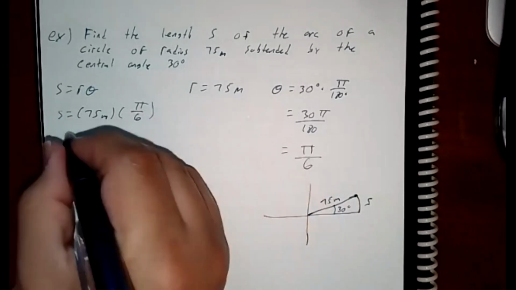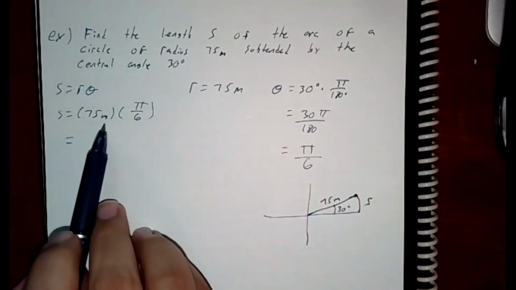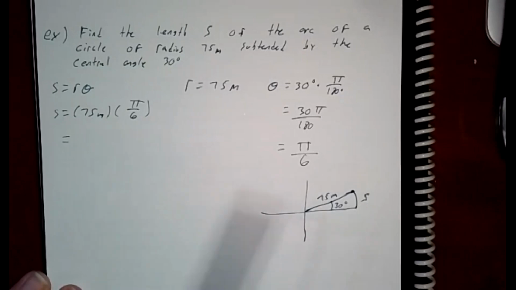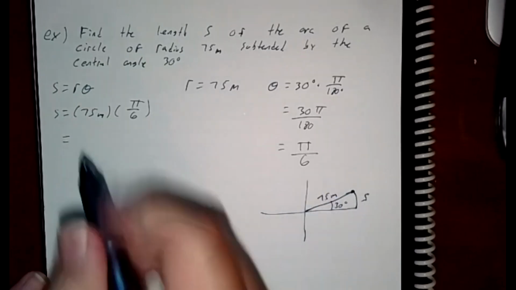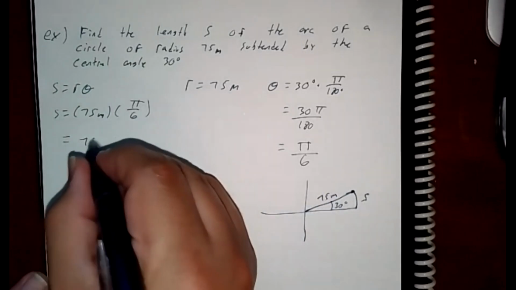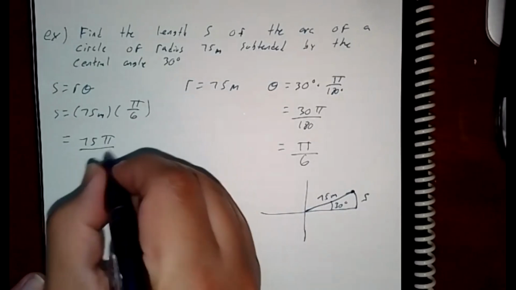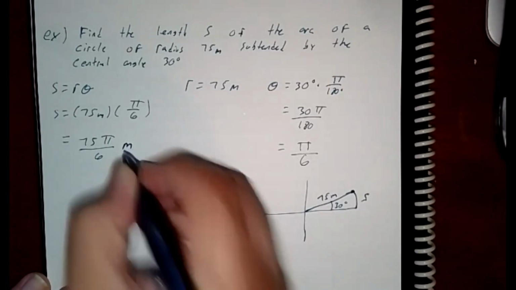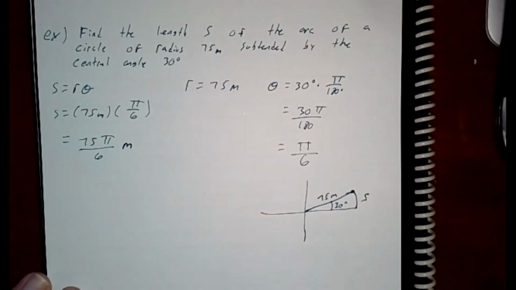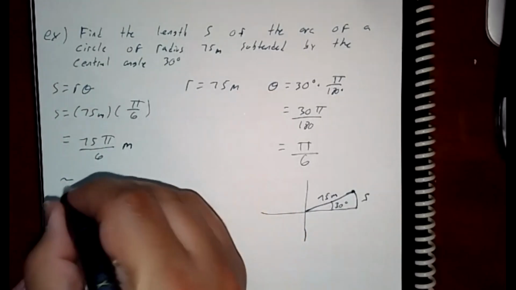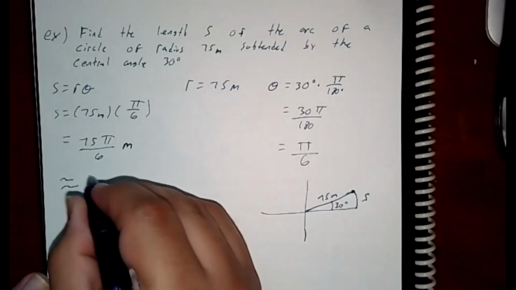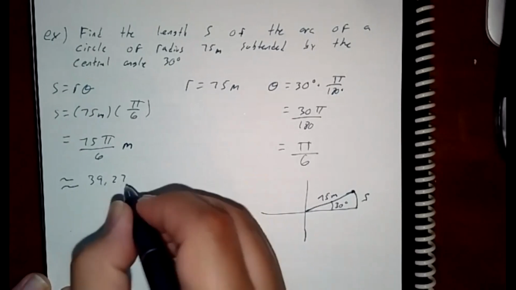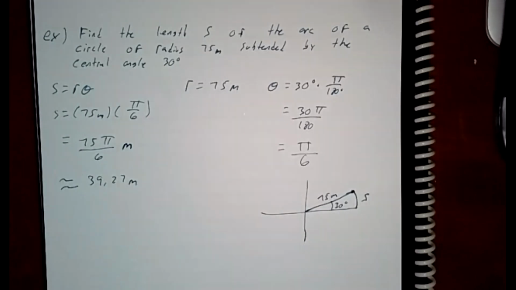So this is the reason why we don't write the R, because it's going to be in meters, the distance, not meters times radians. This will be 75 pi over 6 meters, which is about 39.27 meters.